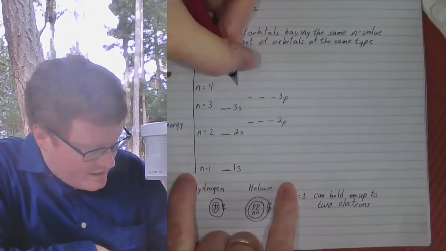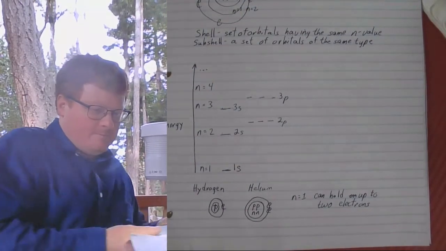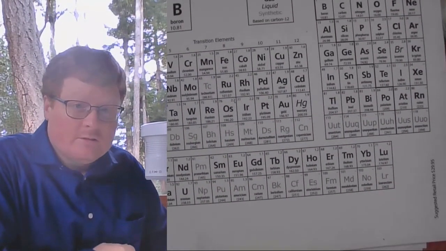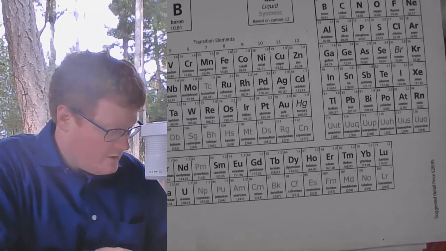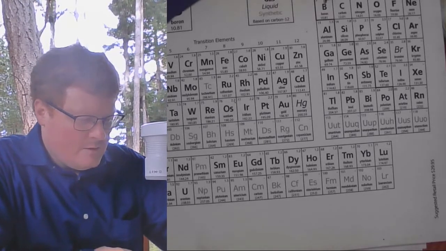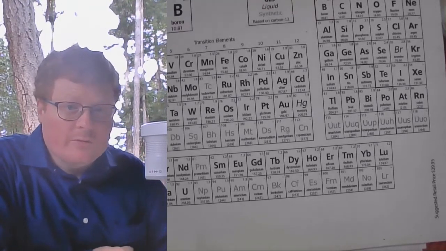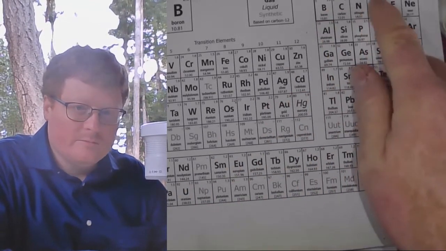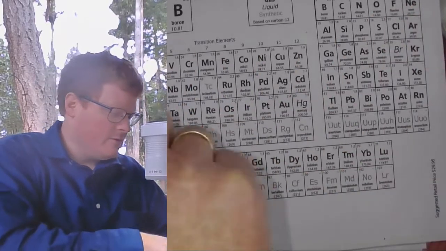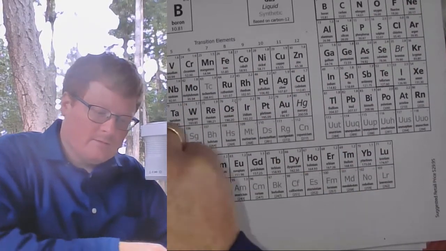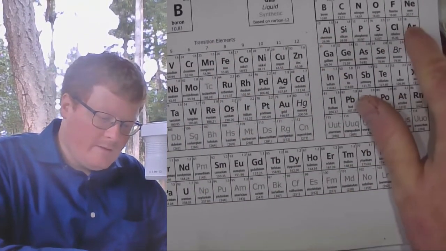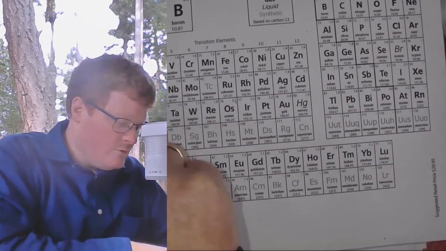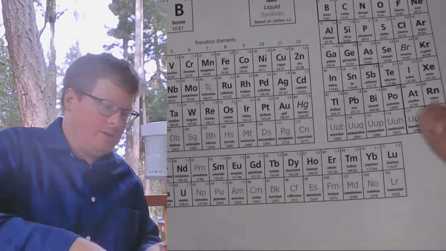The next energy level is actually, so let's look at the periodic table. Hydrogen, 1s. 2s, 2p. Each orbital can hold 2 electrons. So this is p orbital 1, p orbital 2, p orbital 3. 3s, 3p, 4s. Okay, 4s.